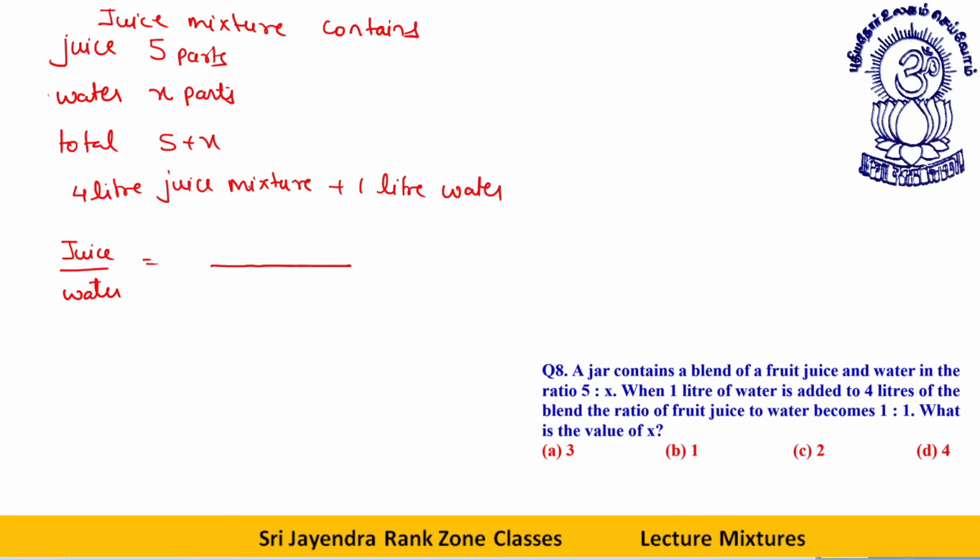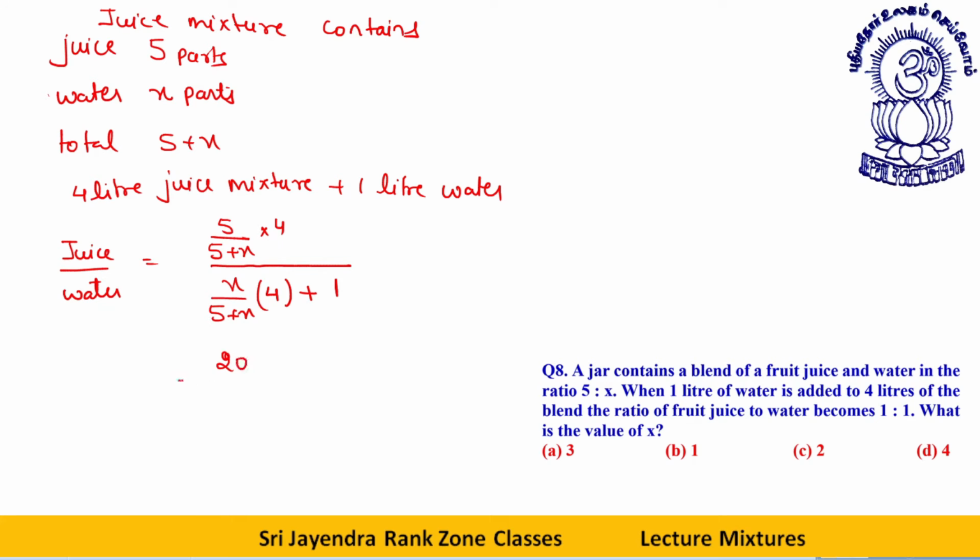How much juice will be there in 4 liters? Juice is 5 out of 5 plus x parts into 4. In the denominator, I will write water. Water is x out of 5 plus x parts into 4, plus how much? 1 liter water. So what do I get?